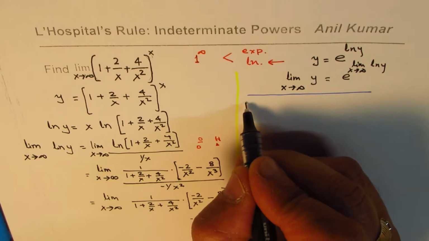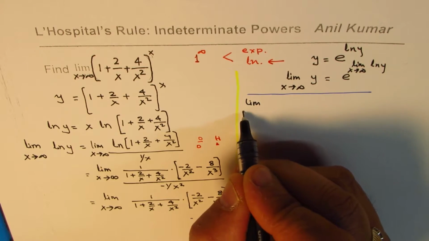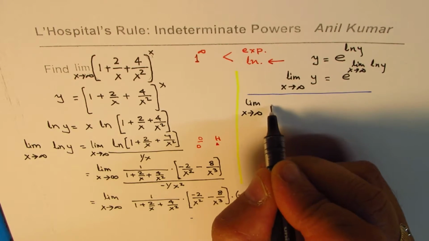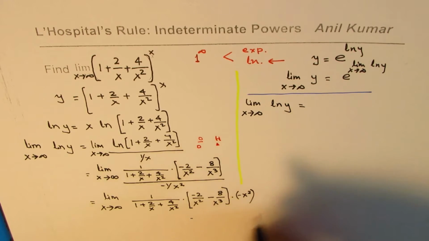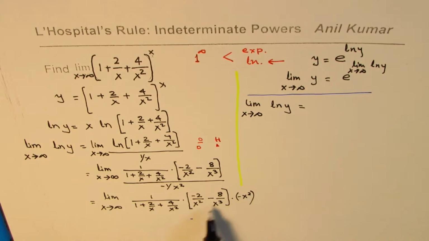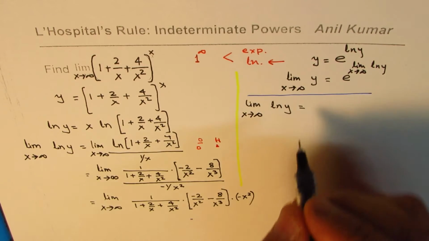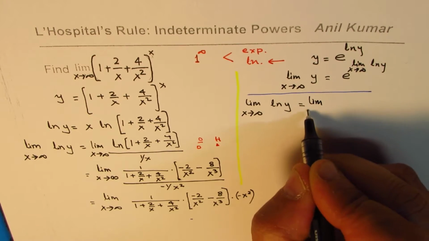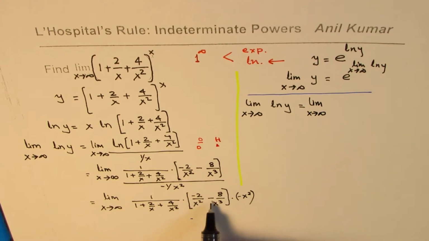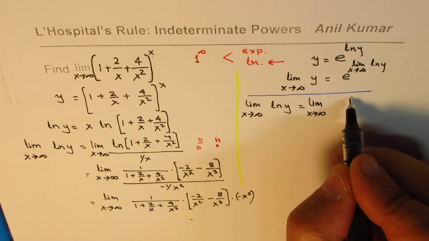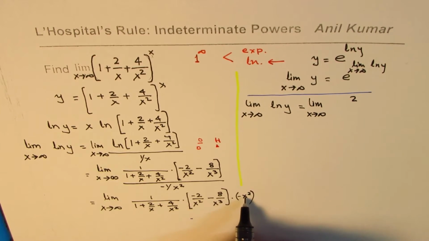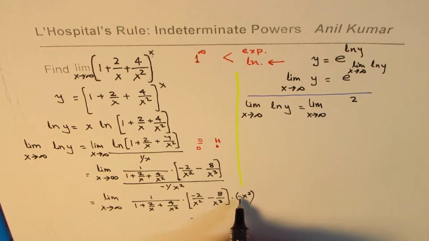So what we have here is limit x approaches infinity for ln y is equal to all this. Now if I multiply, then x squared and x squared will cancel. Minus becomes positive. This also becomes positive, right? So I can write this as limit x approaches infinity. The numerator will be 2, because x squared cancels and negative negative becomes positive.